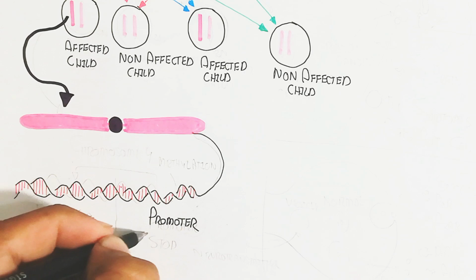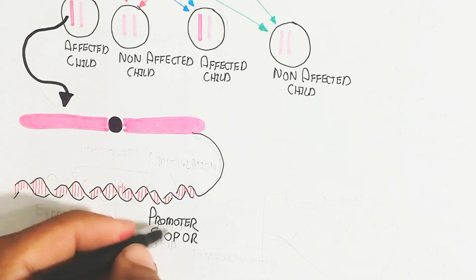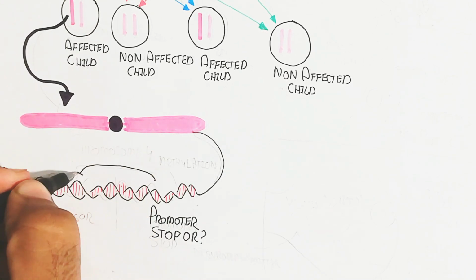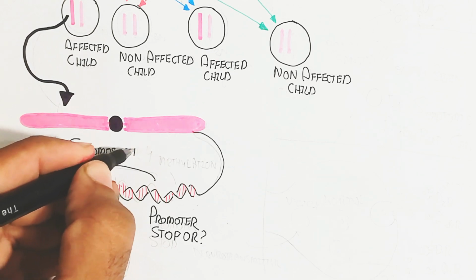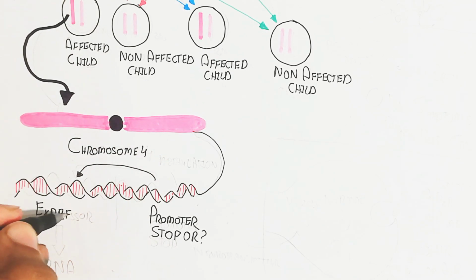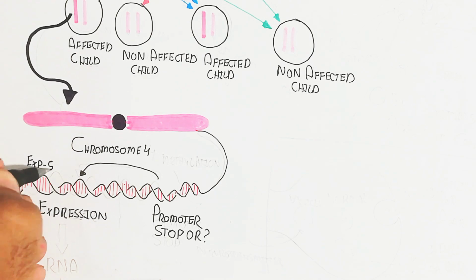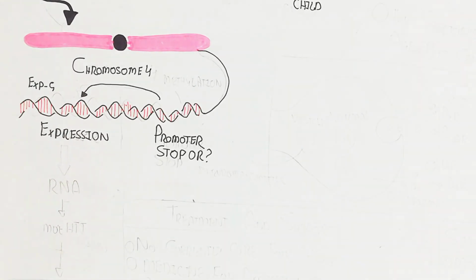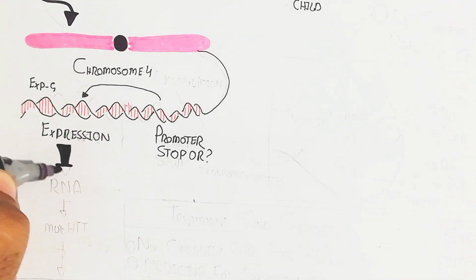In this manner, remember, the promoter can stop or overexpress the gene. I'm not going into the genetics, just an overview. The expression of this gene leads to RNA production.